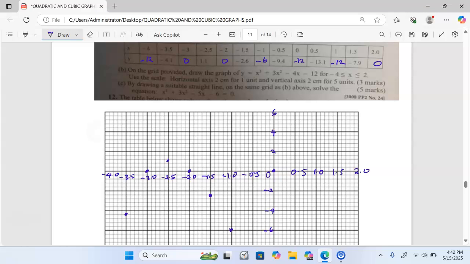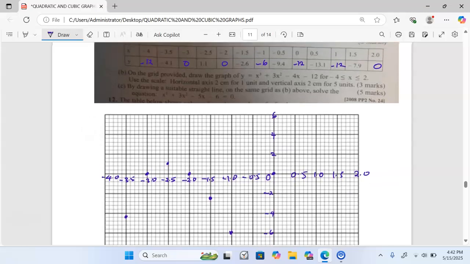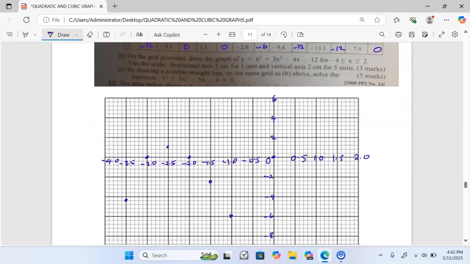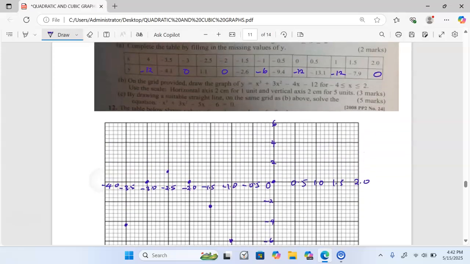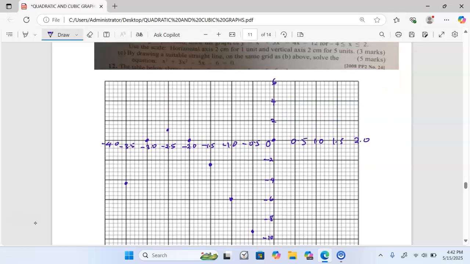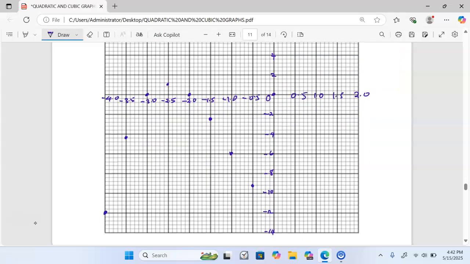And when x is -0.5, it is -9.4, which is around this point here. And when x is 0, it is -12 down here.